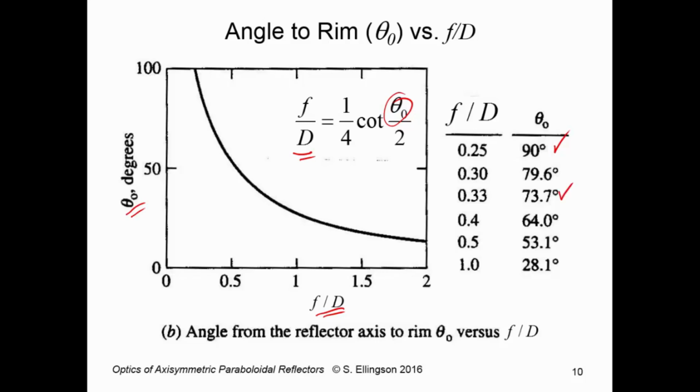As we get to f over d equals 1/3, that angle becomes 73.7 degrees. As we get to 1/2, it becomes 53.1 degrees. And we see, in fact, that this is becoming over-illuminated. This is well illuminated, possibly under-illuminated, and then going to over-illuminated because we are subtending smaller and smaller angles with increasing f over d ratio.